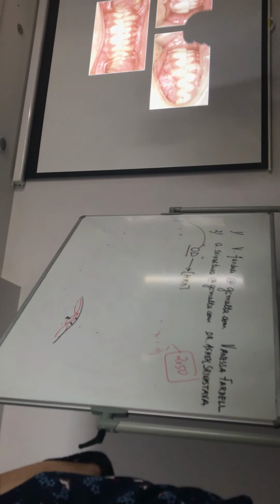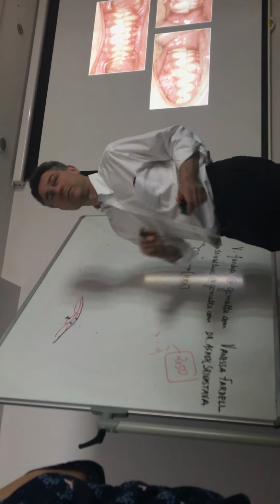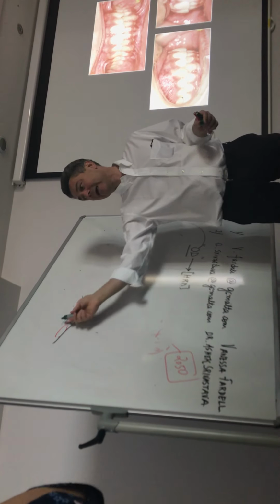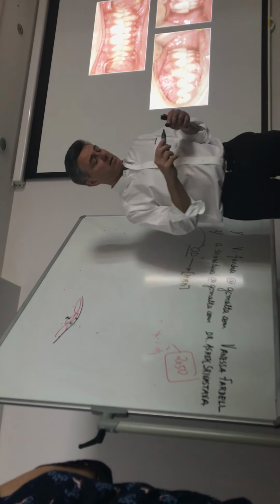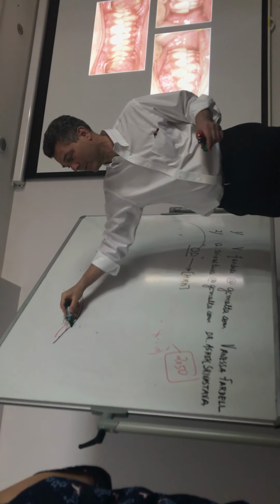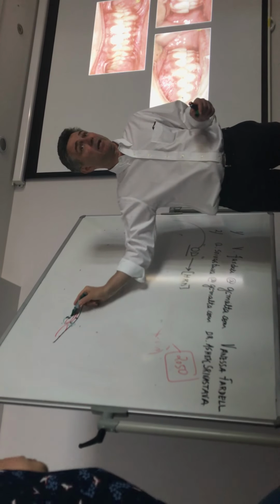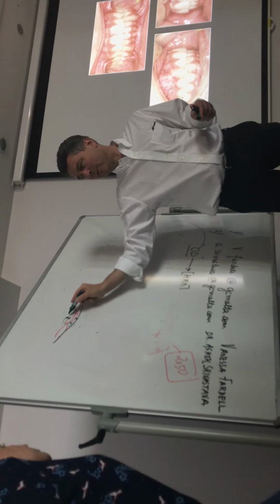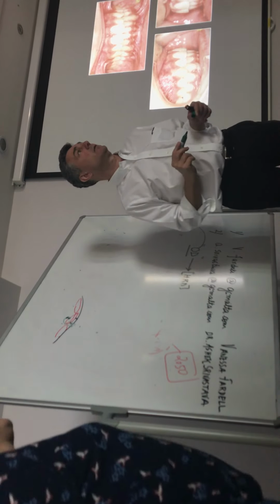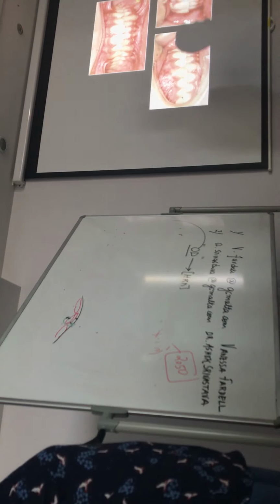What you do, you ligate only these two wings, pushing the wire against the bracket, and then you make a ligature here, an elastic chain that goes from the button to the wire. So elastic chain between the button and the wire.